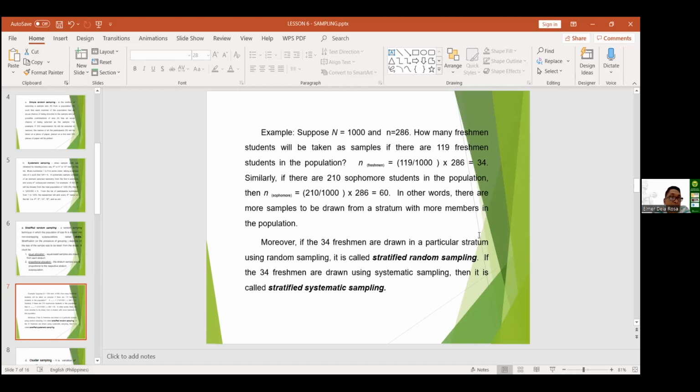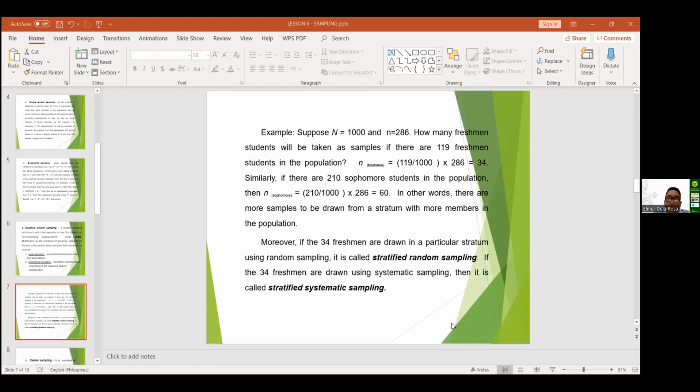Ngayon, kung ito naman daw ay stratified, meron ng groupings. Halimbawa, 1,000 pero meron kang freshman, second year, third year, at gusto mo na ma-represent ang mga ito sa population.